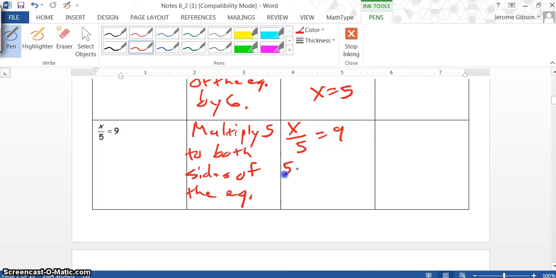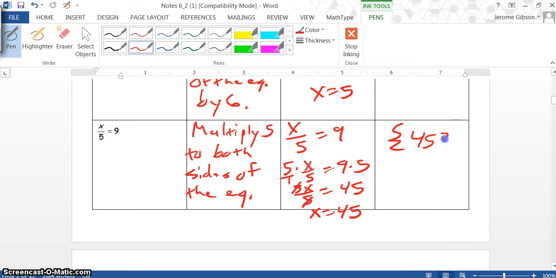So we will multiply each side by 5. And we could make this 5 over 1. So this will give us 5x over 5 is equal to 45. 5 divided by 5, we know that simplifies to 1. So that would be x equals 45. And then your solution set here would just be 45.